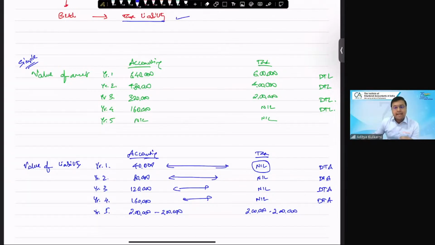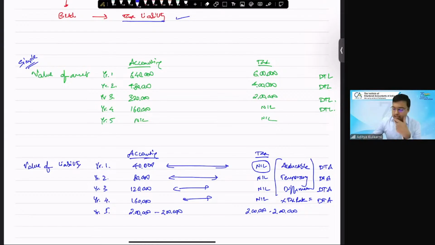So the standard calls this a deductible temporary difference. This deductible temporary difference, when I multiply with the tax rate, it becomes my deferred tax asset. Are we okay with this? Yes, sir.